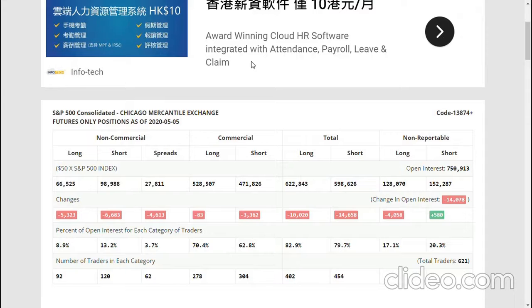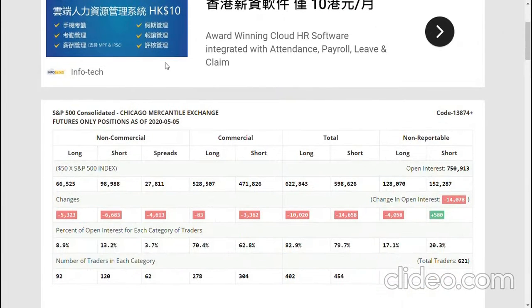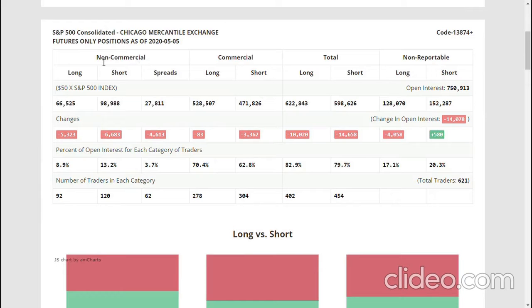Last but not least, let's look at a COT report analyzed by the website Trading Store. We can see that the non-commercials have many more short positions than long, and non-commercials are those we wish to follow because they are the smart money, the hedge funds, and the institutions, etc. Commercials are mostly the banks, and they have more long positions than short, but they are not aiming at earning from speculating in the market.